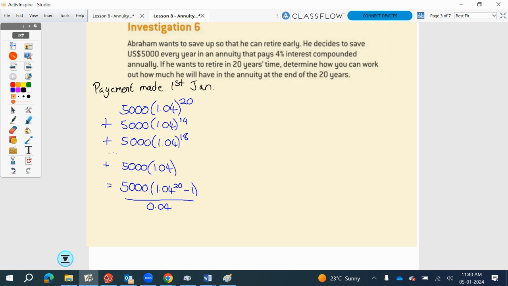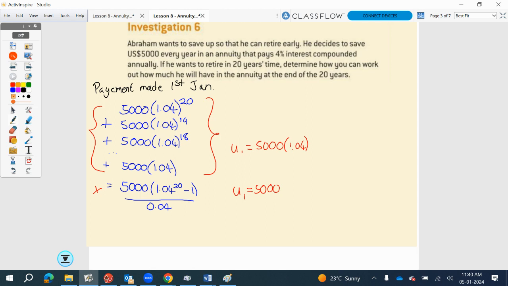So for this series here, what's the first term? 5,000. But here, our U1 is 5,000 times 1.04.